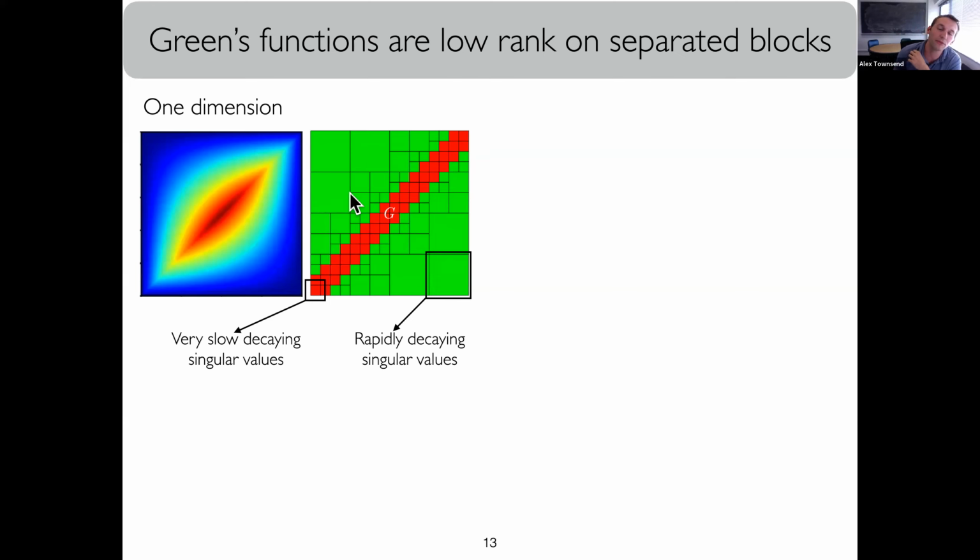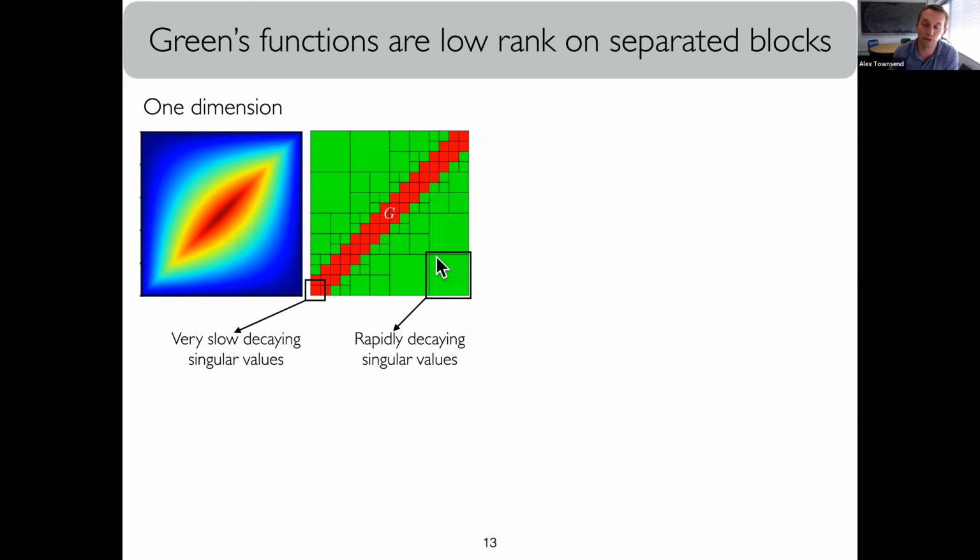As you move away from the diagonal, you take bigger and bigger domains, bigger and bigger chunks of your g. And you do this in such a way that the numerical rank of the Green's function on each block, big or small, is about constant. So you should imagine all these green blocks, these green parts of the function, they all have about the same number of singular values above epsilon.